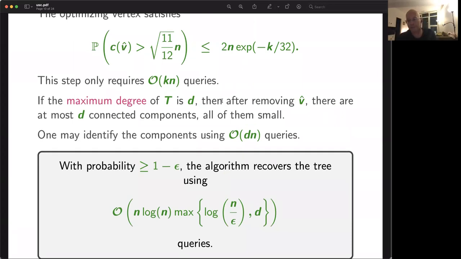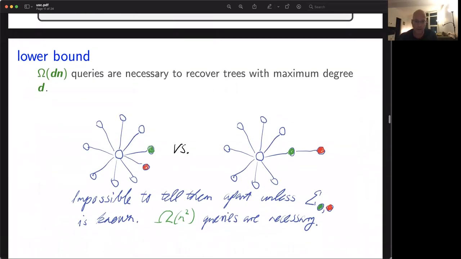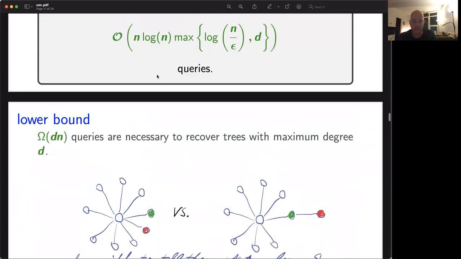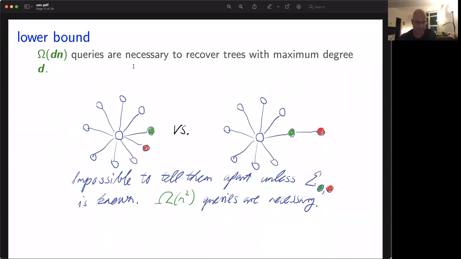To be precise, it's not k n queries, it's k squared n queries, something like that. Now you can ask, is this maximum degree not too nice? But in fact, this is necessary.